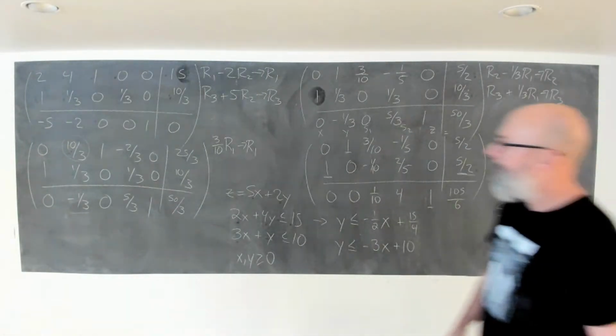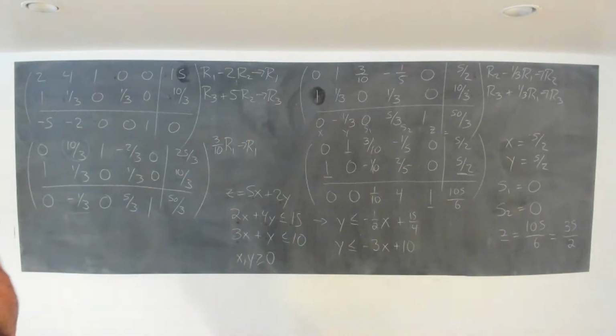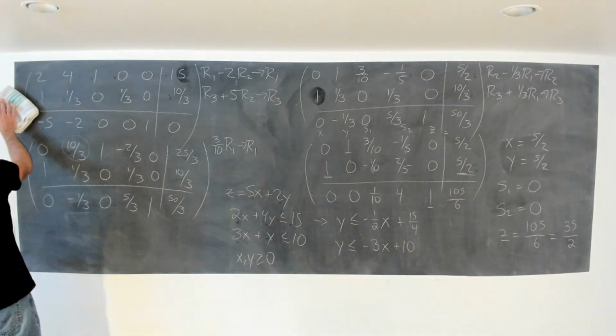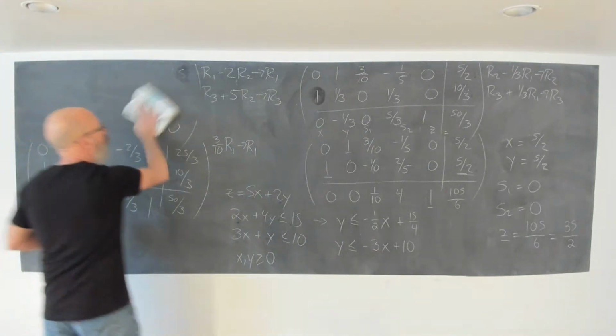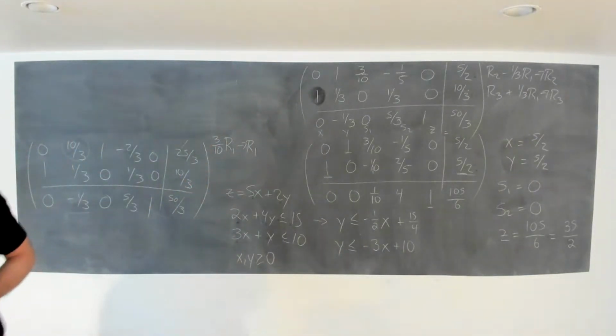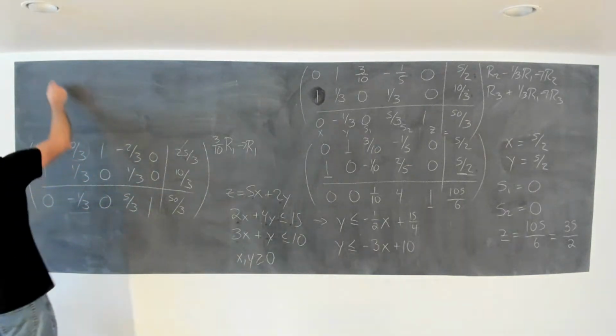I don't want to erase anything, because I want to point out what's happening. I guess we can erase this one here without too many issues. And let's graph these things.